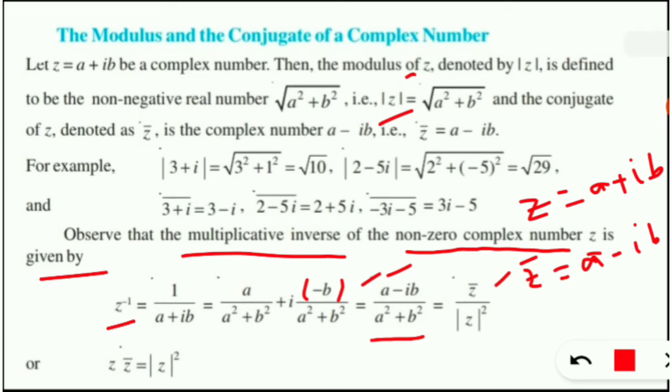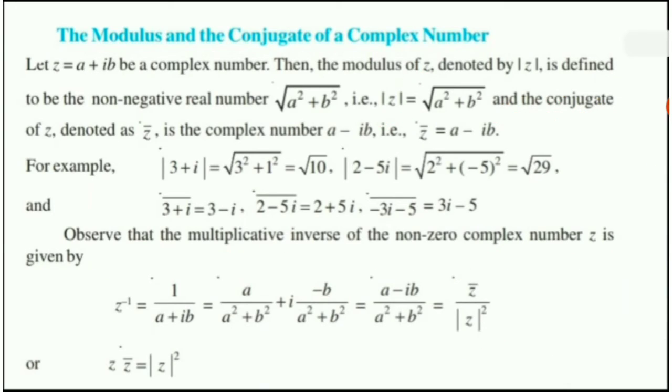If we square both sides, then mod z square equals a square plus b square. Clear? So z inverse, or 1 by z, equals z bar divided by mod z square. Clear? So when we find the multiplicative inverse of a non-zero complex number, we use this formula.